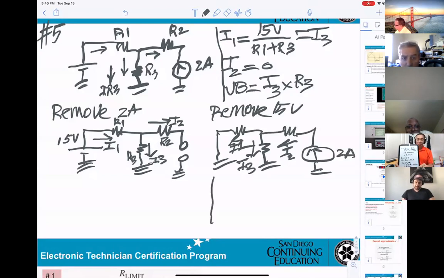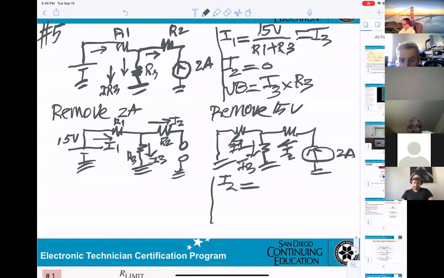First thing, what does I2 equal? 2 amperes. 2 amp, right? That's the current here.